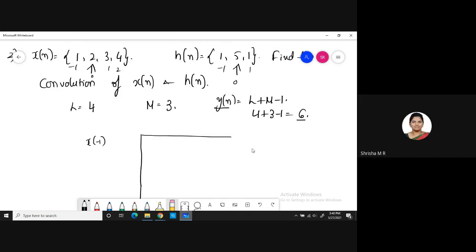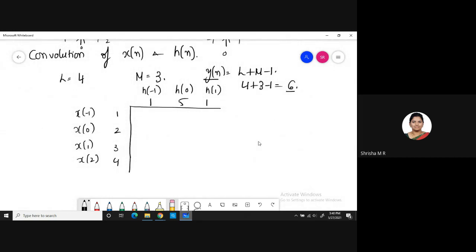X of minus 1, x of 0, x of 1, x of 2. So the values are 1, 2, 3 and 4. Horizontally, h of minus 1, h of 0 and h of 1 are 1, 5 and 1. Now you multiply each row with each column.